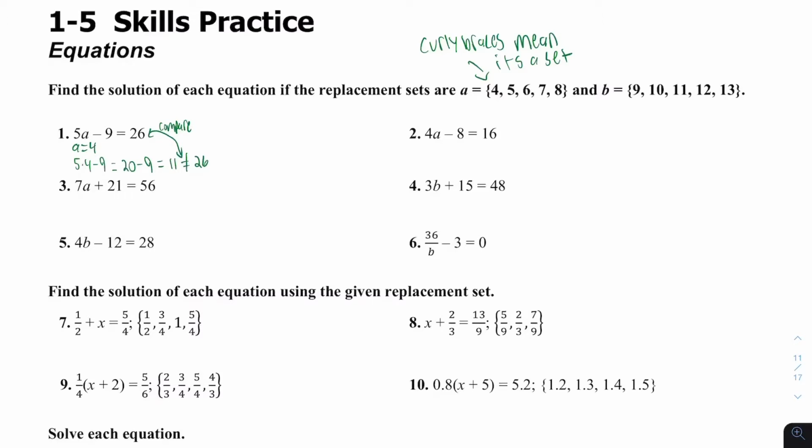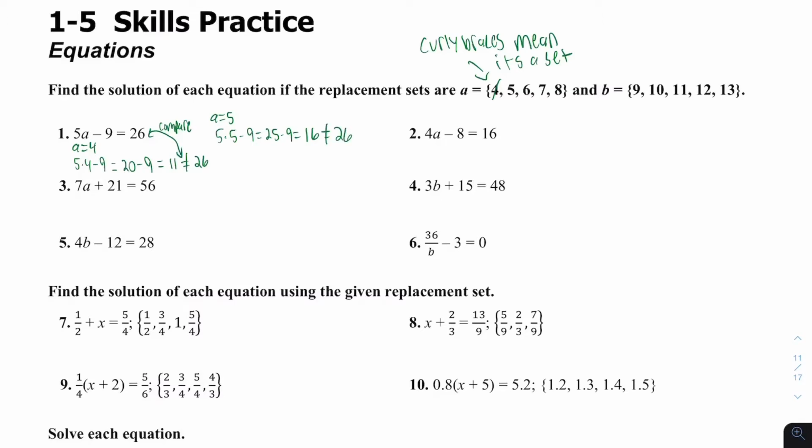We're going to go to the next one. A equals 5, the next number in the set. We know it's not 4, so now we're going to plug in 5. A equals 5. So that means 5 times 5 minus 9 equals 25 minus 9, which is 16, and is 16 equal to 26? No, it's not equal.